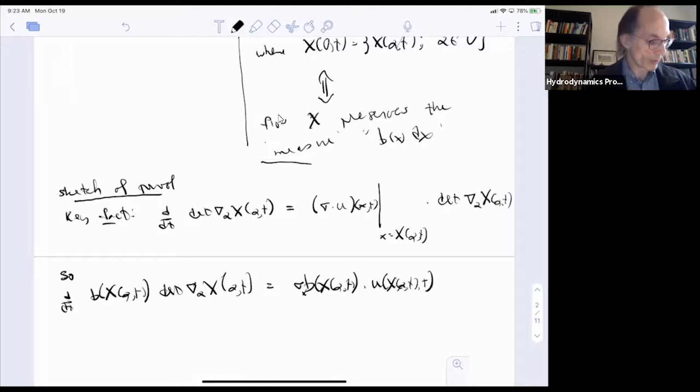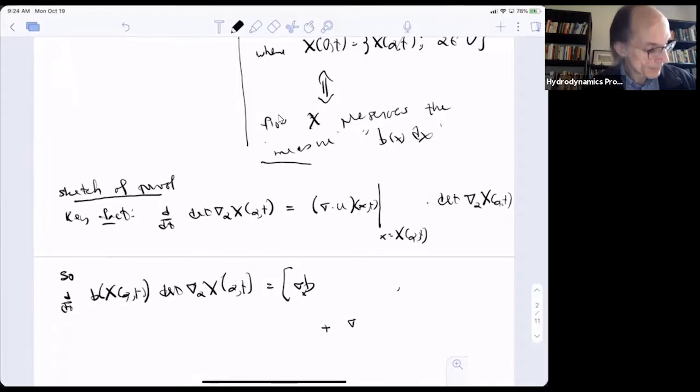That will be multiplied by the determinant, plus the gradient of u at X(t) multiplied by b.